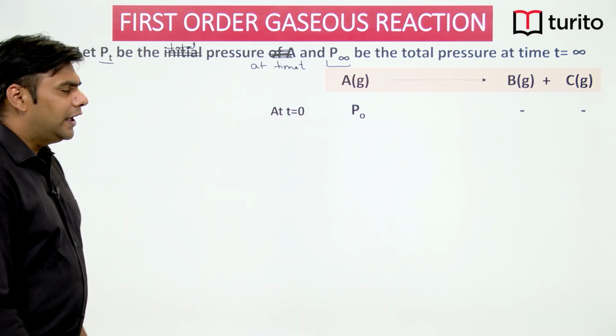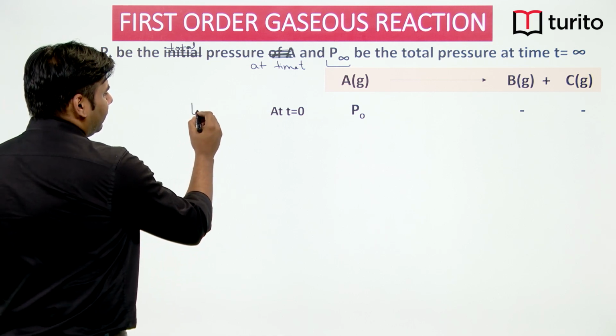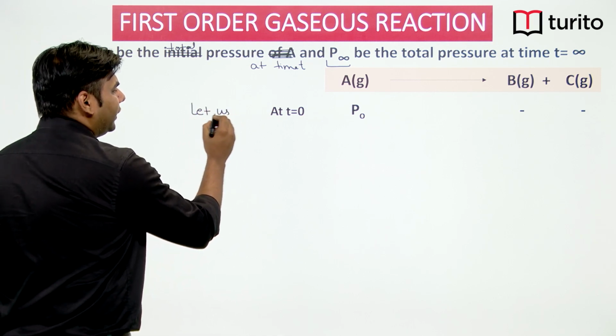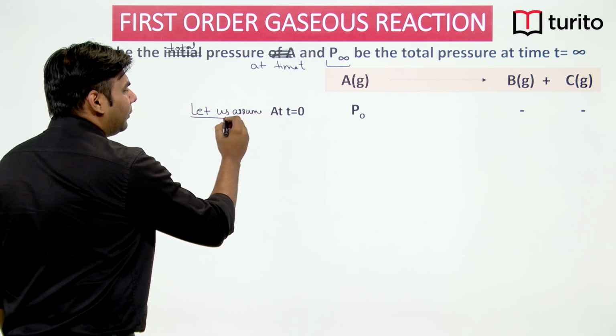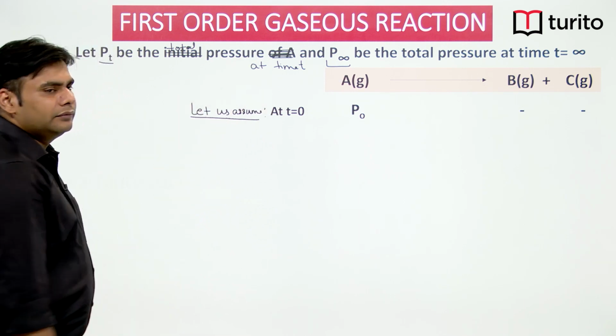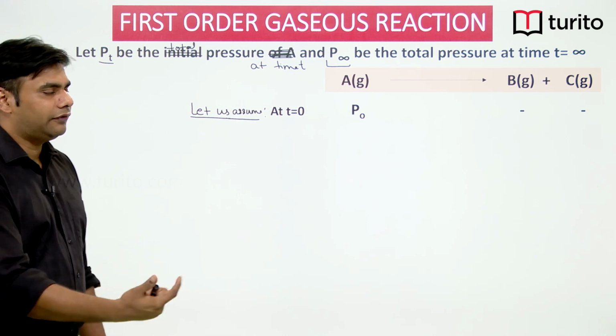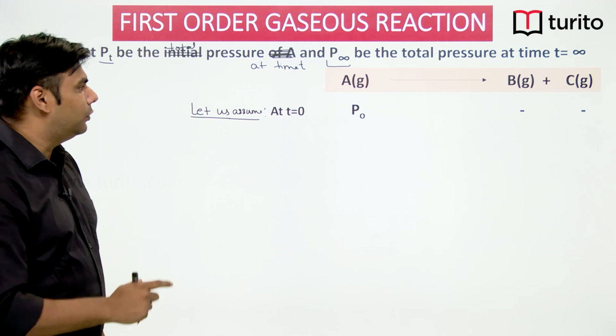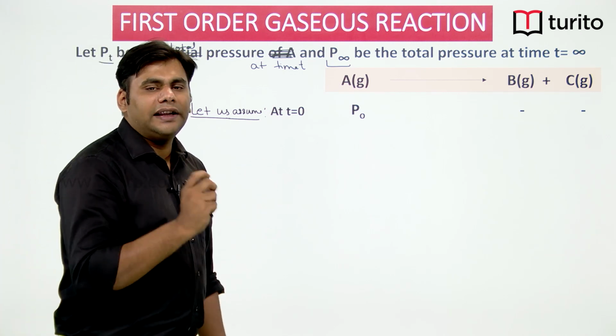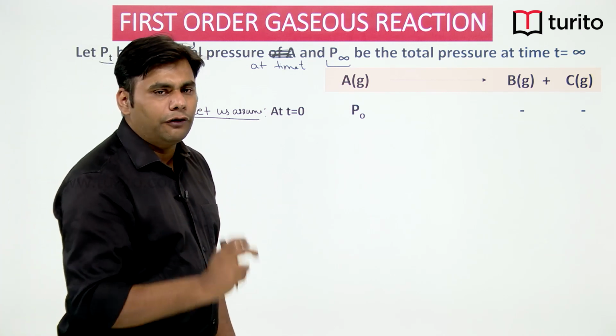Because the initial pressure has not been given to us, we have been given Pt, which is the total pressure after time t. So let us assume that at time t equals 0, only A was present, corresponding to a pressure of P naught.